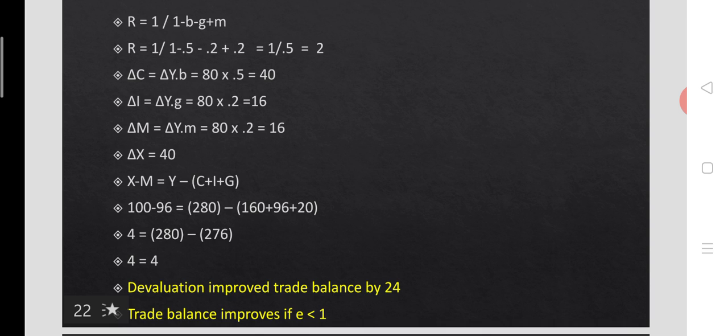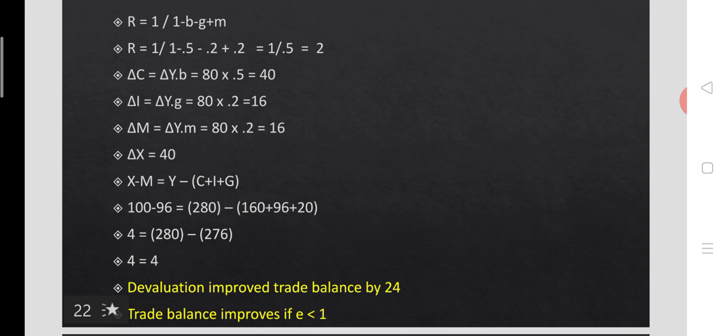So we need the foreign trade multiplier to be calculated, and the foreign trade multiplier value is 2. R is equal to 2. That means export is going to increase the income by 2 times.